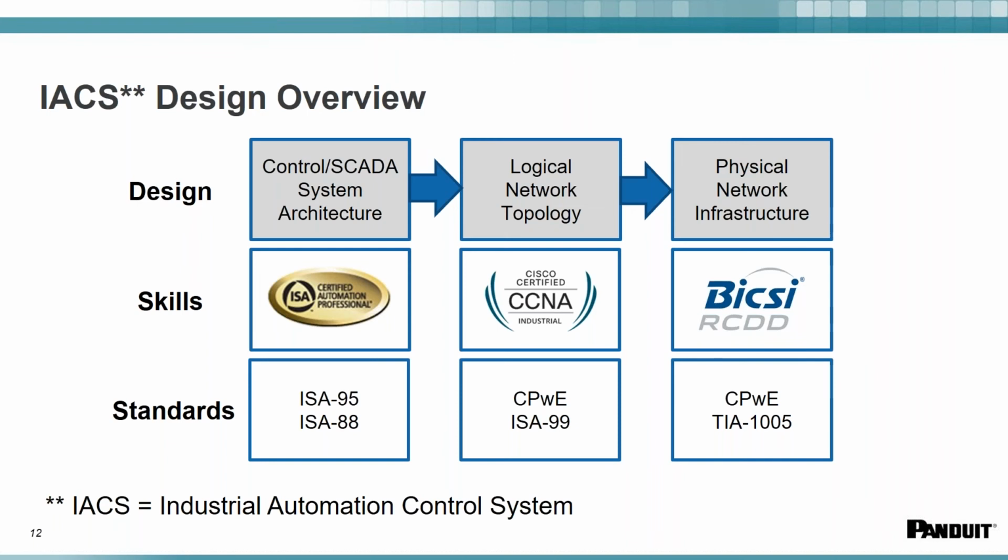So for Cisco, for instance, that's one such organization, and they build it over what's called CPWE, a converged plant-wide Ethernet, and it's governed by an ISA 99 spec. So what is converged plant-wide Ethernet? I will talk to you about this in a second.